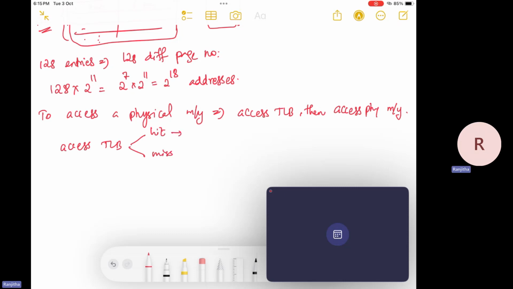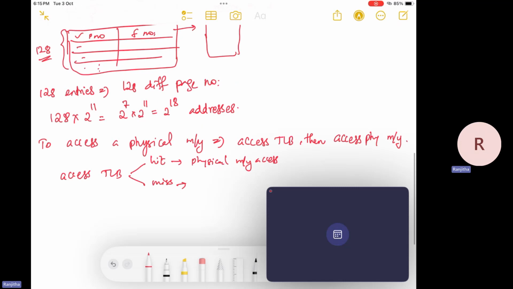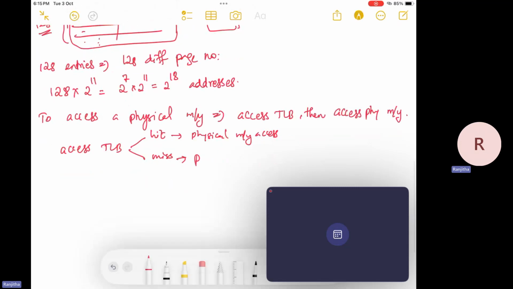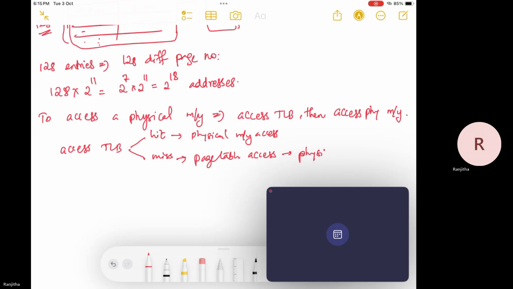If it is a hit, then we go to physical memory access. But if it is a miss, then we will be accessing the page table, followed by physical memory.